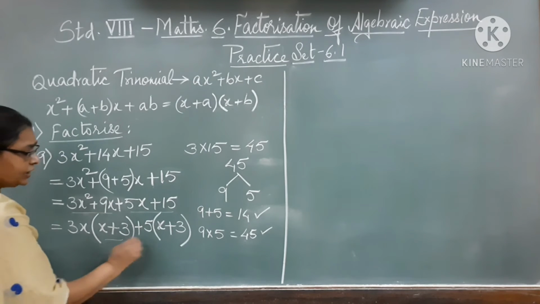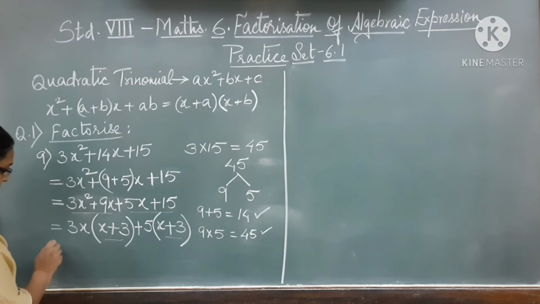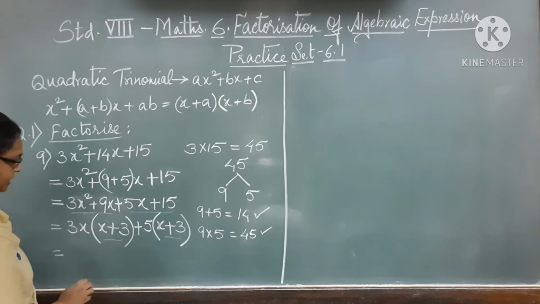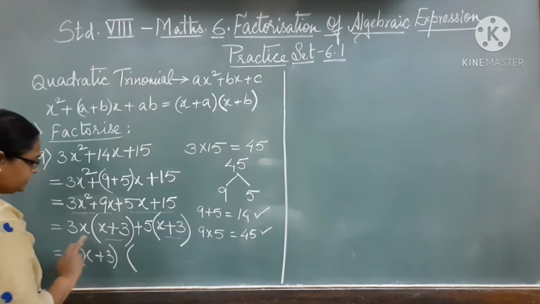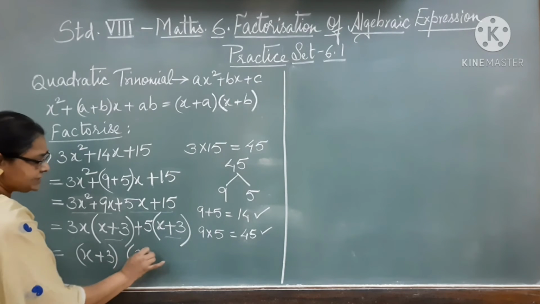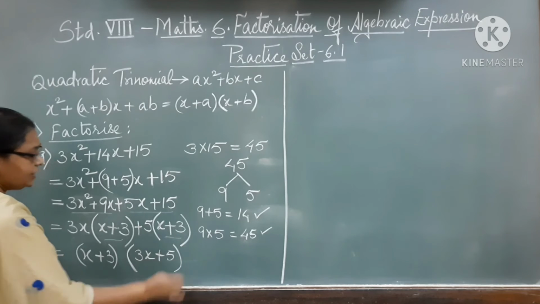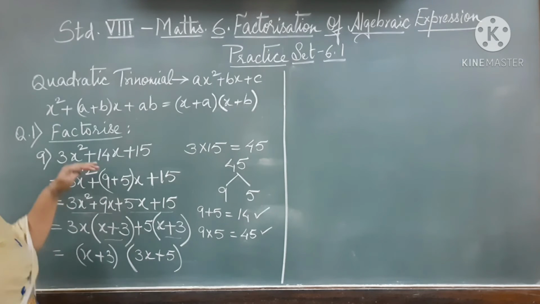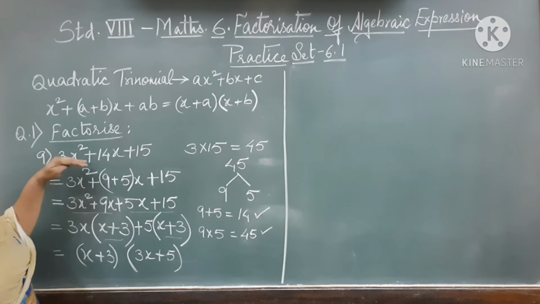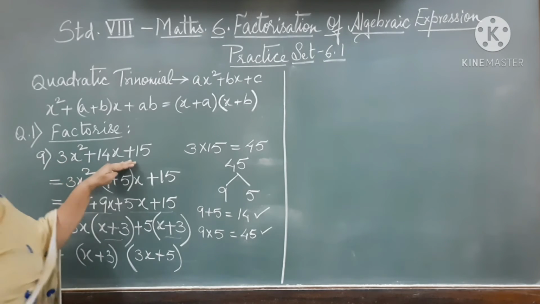So now I've got two factors common. Let me note down, that is equal to x plus 3 into, and the remaining is 3x plus 5. Right. So I have got two factors of this trinomial 3x squared plus 14x plus 15.